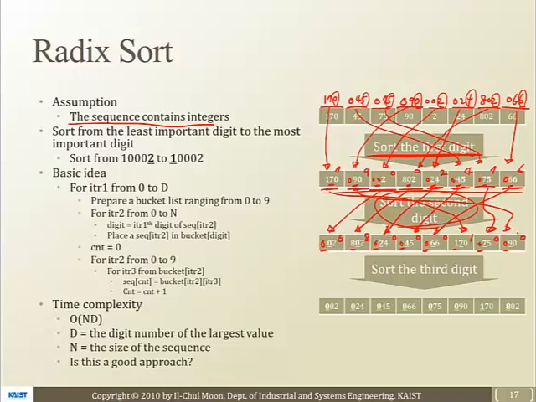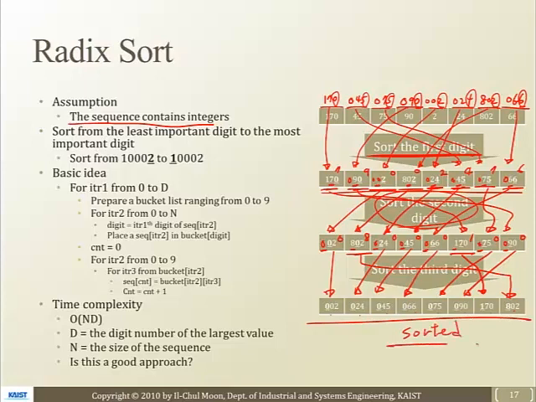Because these are all zeros, they come first, sorting by only looking at the third digit. 0 comes here, and 0 comes here. And then the 1 is here, so it comes here. And then 8 is here, so 8 comes here. So what we have is 2, 24, 45, 66, 75, 90, 170, 802. These are all sorted.